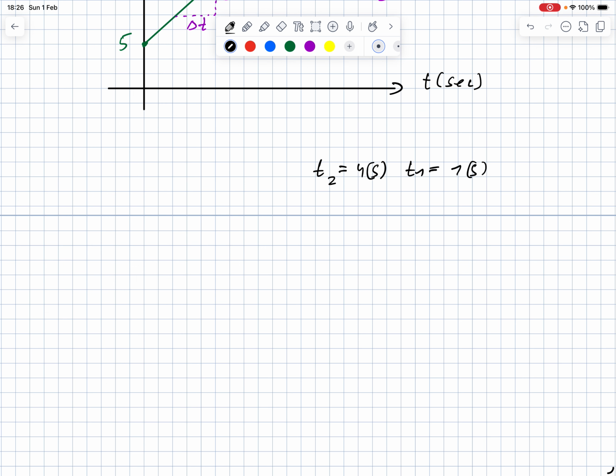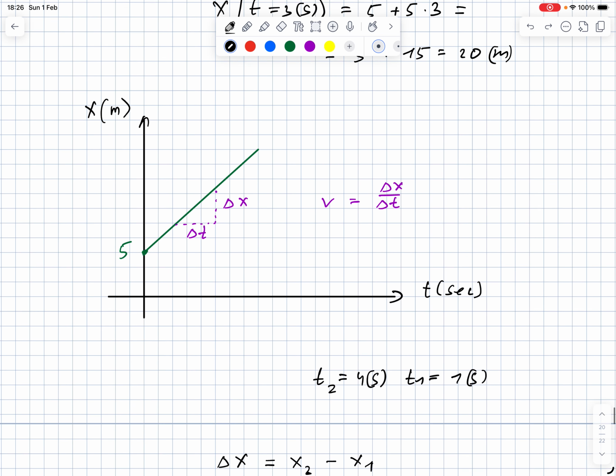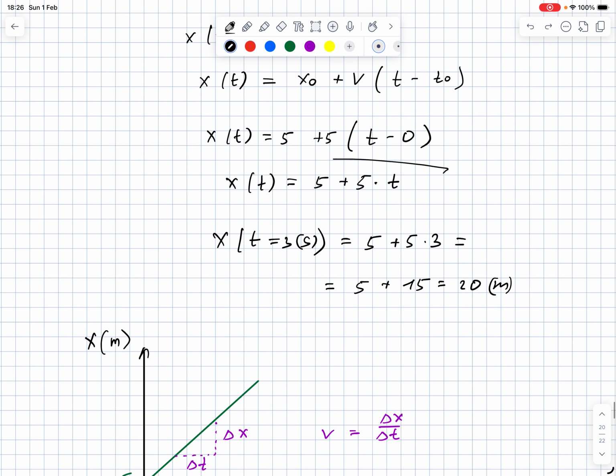We know that the displacement vector delta x equals the final position minus the initial position. And to find the final position and initial position, again we will use this expression of position.